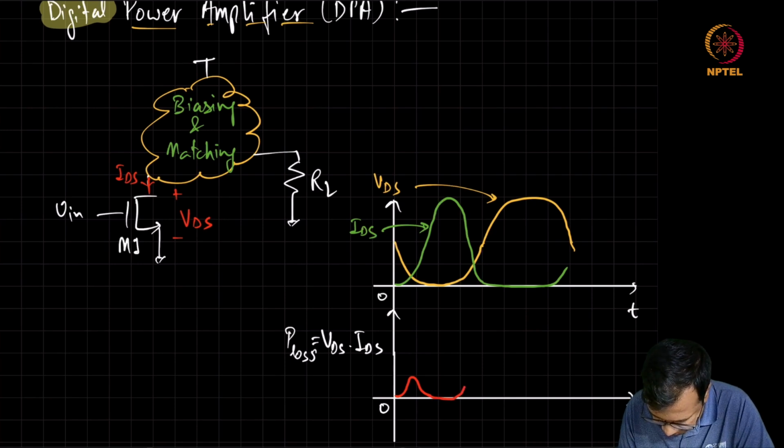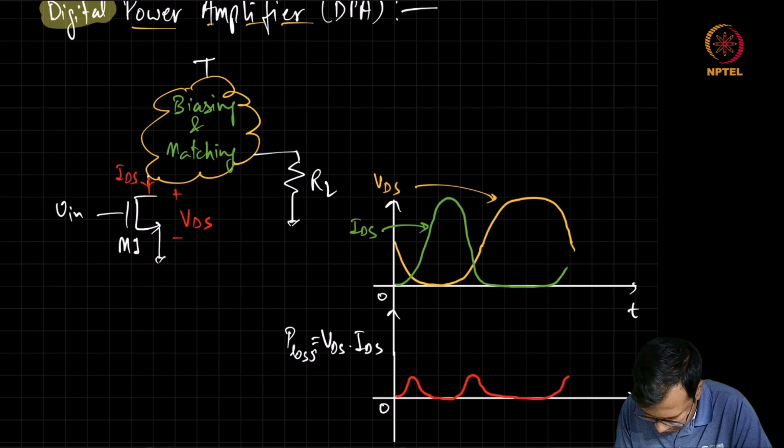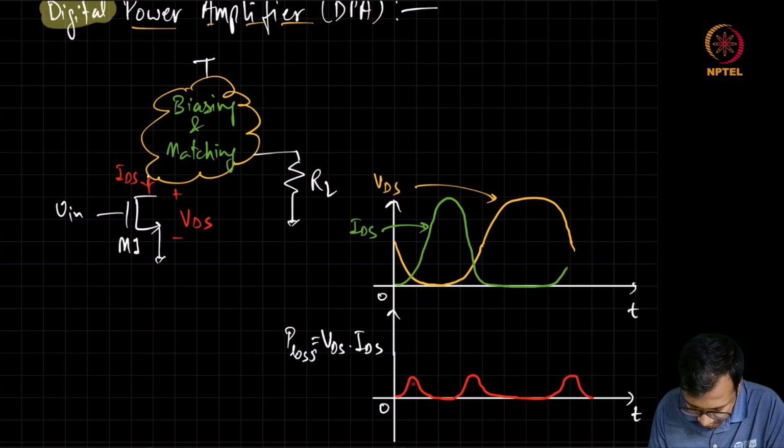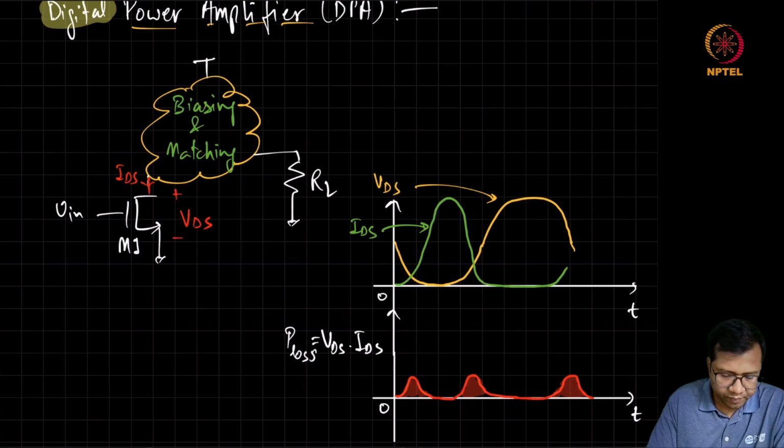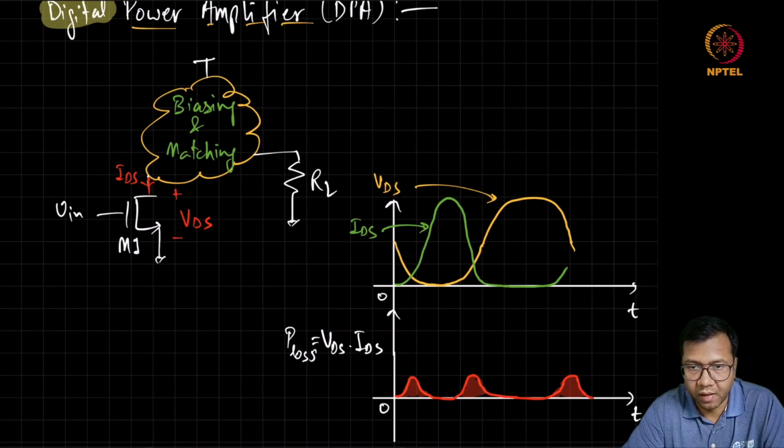So it may look like this. And the total energy lost per cycle we can find out by integrating the area under the curve.